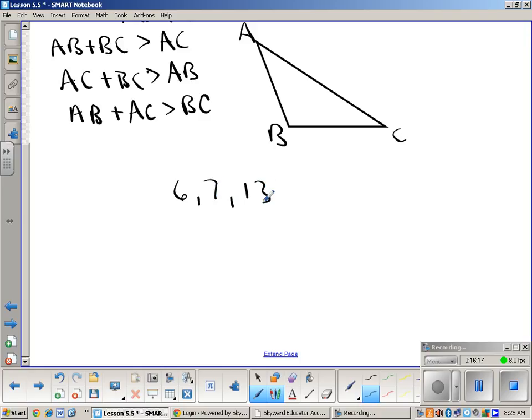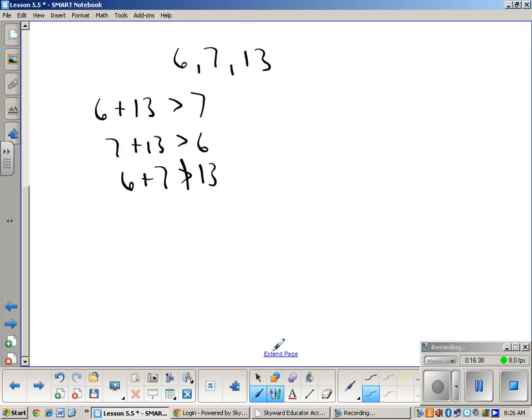Okay, well, 6 plus 13 is bigger than 7, right? And 7 plus 13 is bigger than 6. But is 6 plus 7 bigger than 13? No, it's not bigger. It's equal. So those three sides will not make a triangle. Okay?